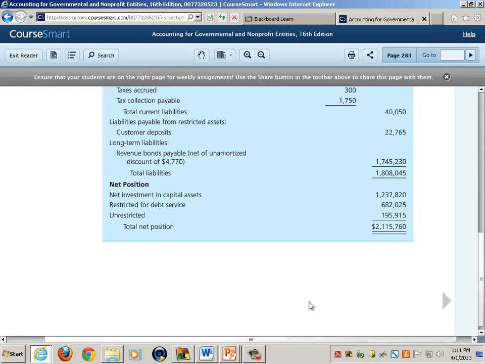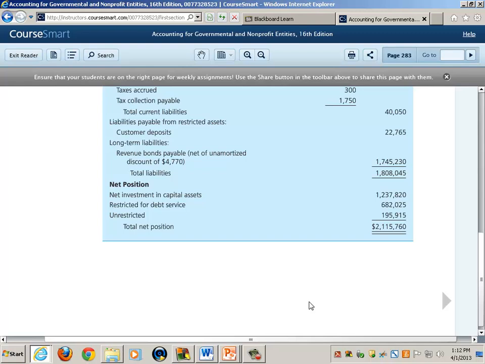So you bought an asset for $1,000. The accumulated depreciation is $100. What's the net book value or the book value? $900, right? If the debt associated with that asset was $500, what's the net investment in capital assets? $400. Okay? So you subtract that to come up with the net investment.